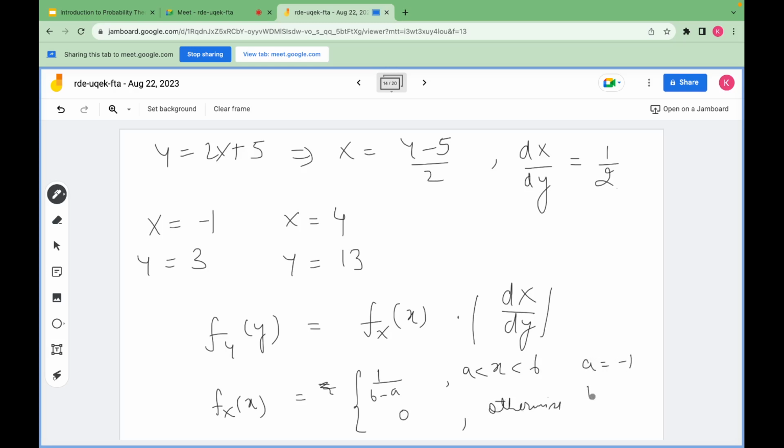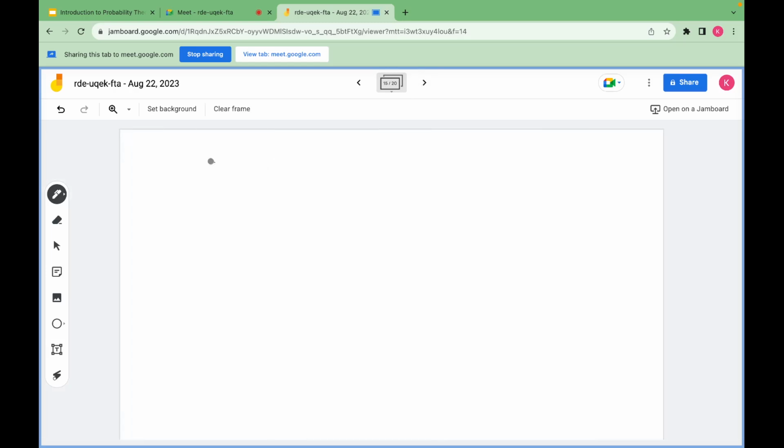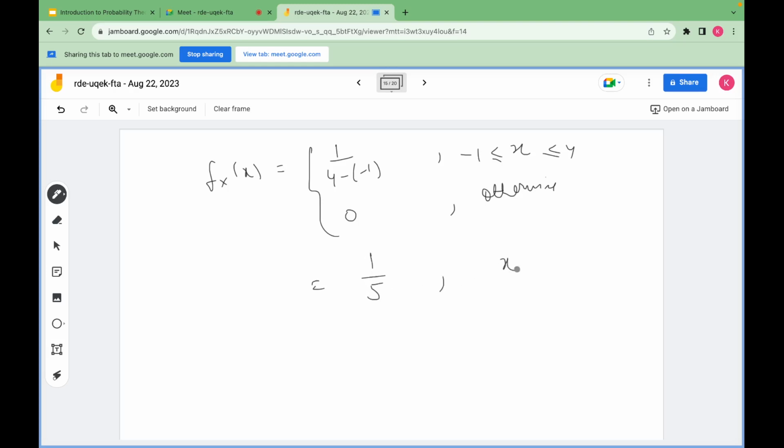Here a is minus 1, b is equal to 4. So this f_X is 1 by (4 minus minus 1) when x varies from minus 1 to 4 and 0 otherwise. So this is 1 by 5 when x is from minus 1 to 4 and it is 0 otherwise.